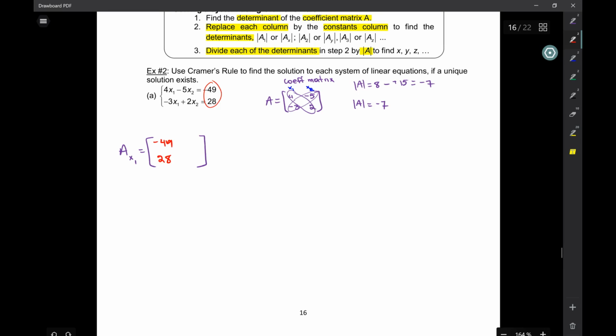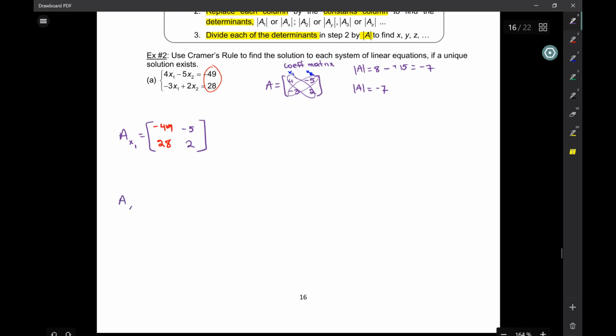So you replace the X1 column's coefficients by the constants. The other one stays the same. I'm just replacing the X1 column.